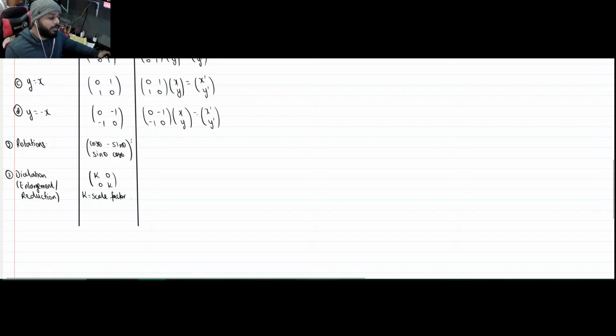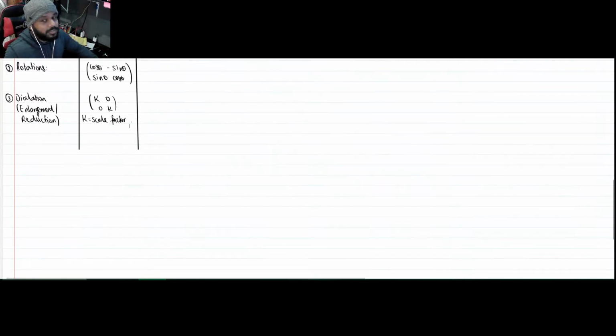Now, I have one more thing to do in matrices. This is just a general breakdown. Combined transformations, and this is a question that comes every single year. Combined transformations.